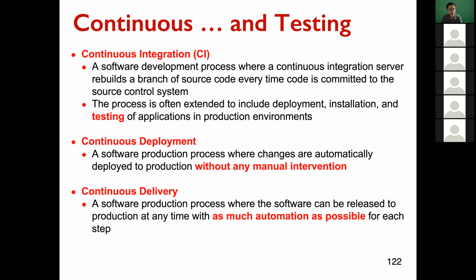Continuous deployment is to support the continuous deployment of the software system, for example, in a production environment, for example, in the cloud. So they are similar. One is to the customer, one is to a production environment. So we have continuous integration, continuous deployment, and continuous delivery.